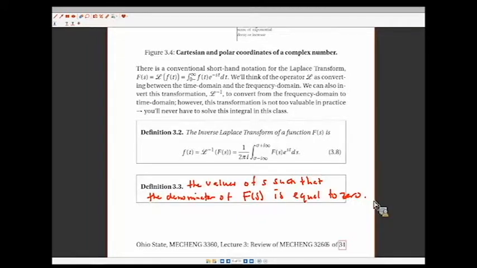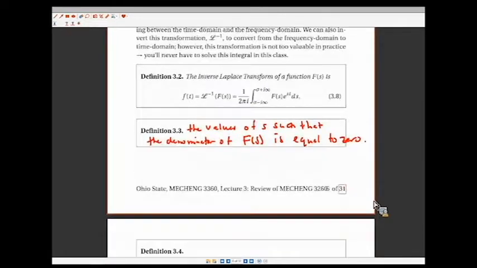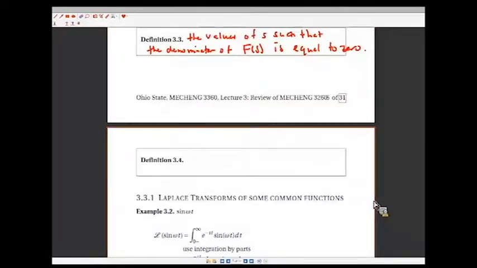Analogously, we have a definition for the zeros. This is a very similar definition, but we're talking about the numerator instead: the values of s such that the numerator is equal to 0.